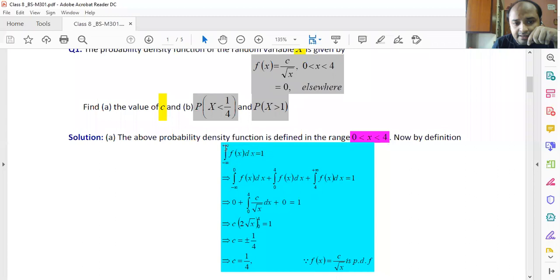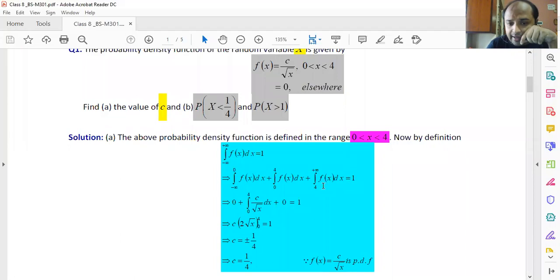Now I am breaking this range into 3 parts. One is from minus infinity to 0, another is from 0 to 4, and another is from 4 to plus infinity. When the values of x are between minus infinity and 0, the function is actually undefined, so we have put 0 over here.